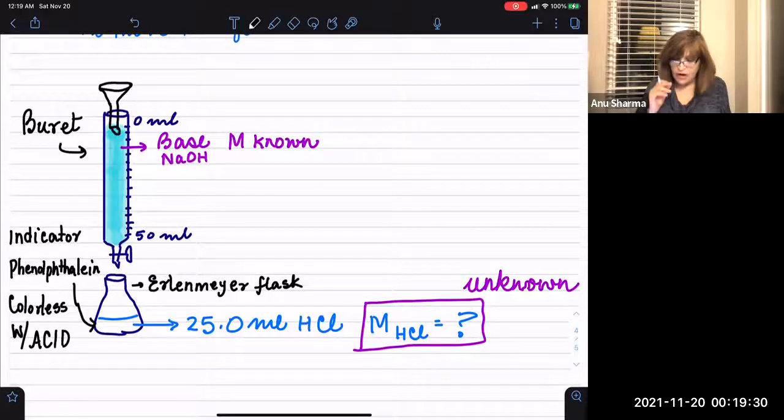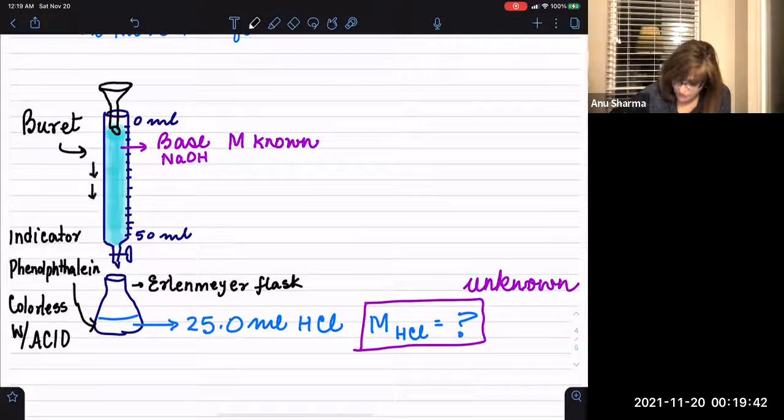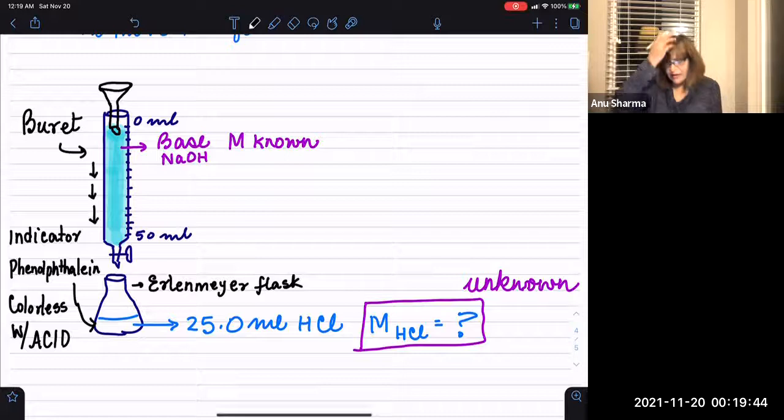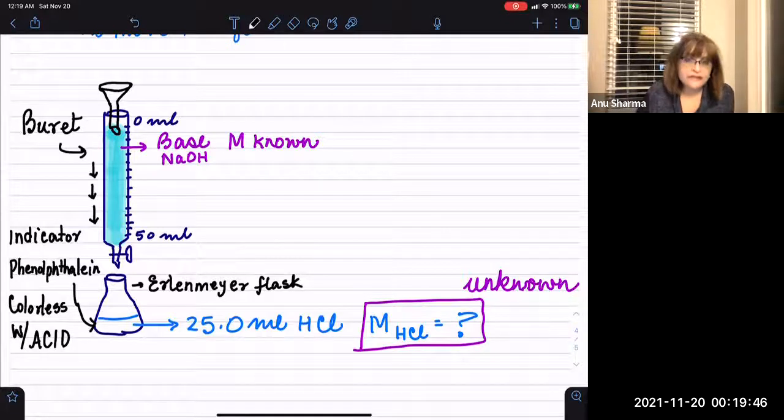Now once you put the base here, you have this whole setup. Now you open the burette and you start dropping the base into the acid. As the acid and the base meet, hydrogen and OH ions react. OH ions are going to neutralize the hydrogen ions.